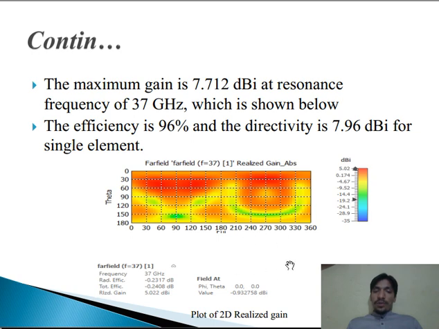This figure shows a 2D plot of the realized gain. The maximum gain is 7.712 dBi at the resonant frequency of 37 GHz, and from this figure we can also see the total efficiency is minus 0.2408 dB. When we convert this dB into numerical values, we get an efficiency of 96%, that is 0.96.